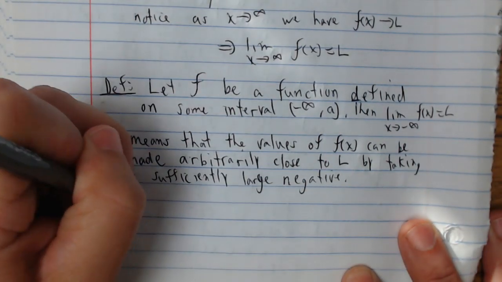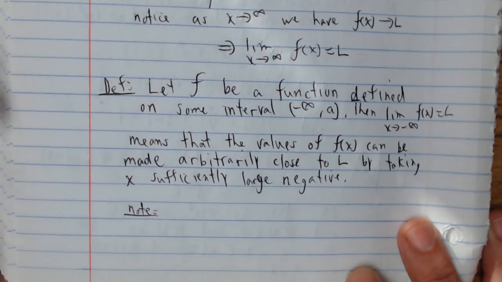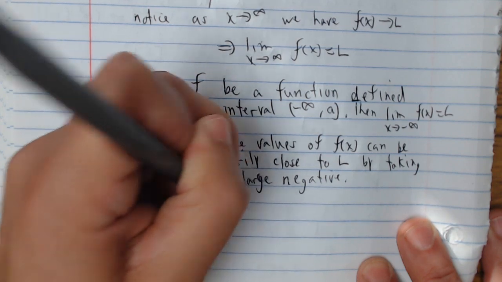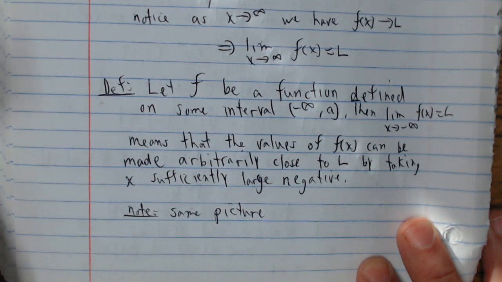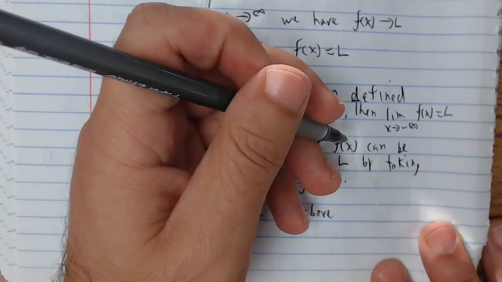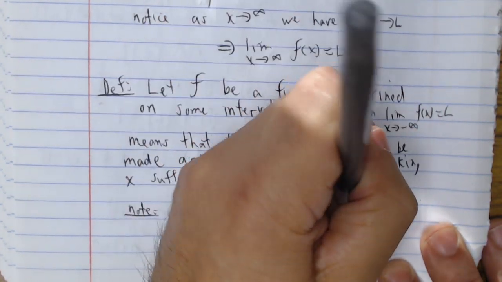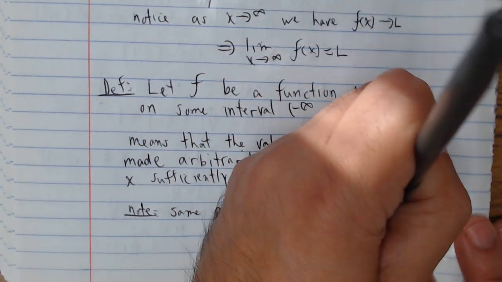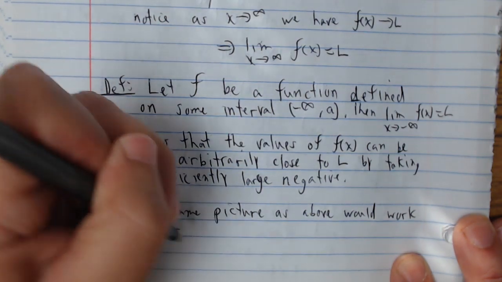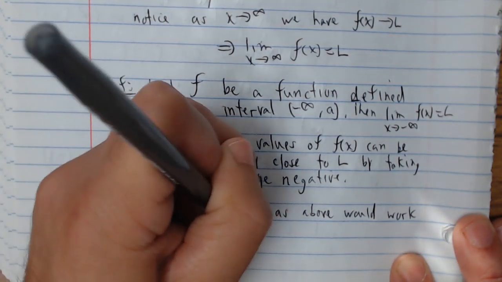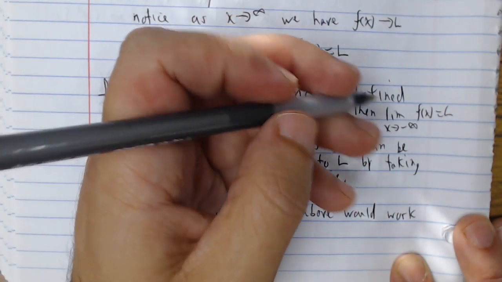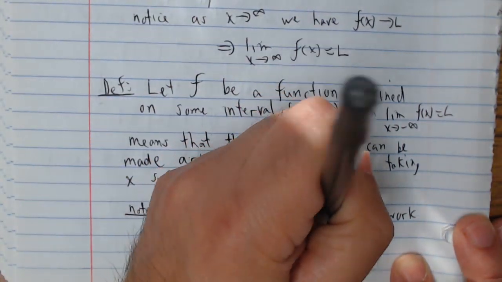So let's make a note of that, and then I'm sure you could visualize it yourself. This will be the same picture or similar picture as above, except we want x goes to negative infinity.